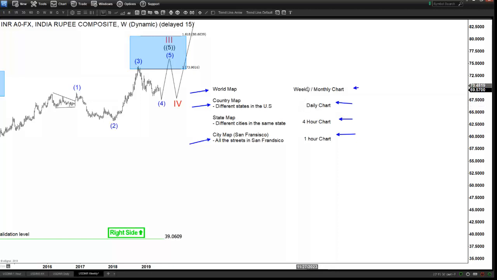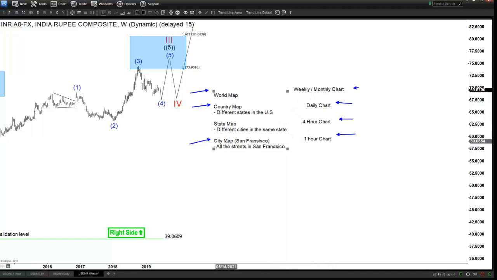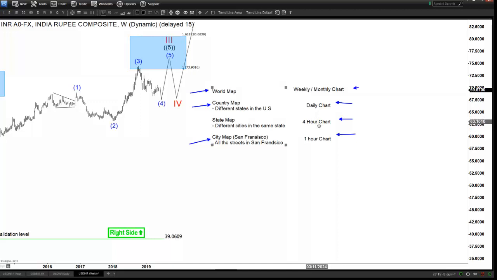So when we're talking about the Elliott Wave degree, we talked about before that the grand supercycle and supercycle are normally found in the weekly and monthly charts, right?